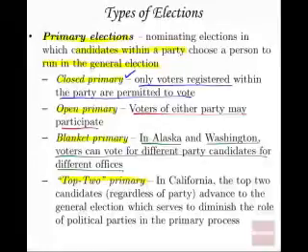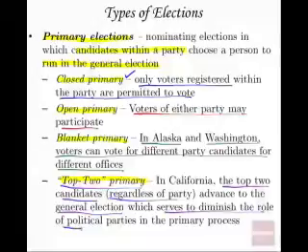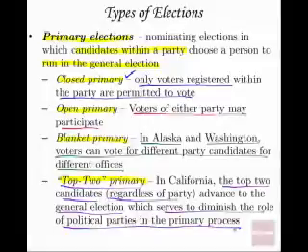Now, in California, there's a top 2 primary system. So California, again, this might be interesting if other states follow, but the top 2 candidates, regardless of party, advance to the general election, which serves to diminish the role of political parties in the primary process. So you could have the case where you have 5 Democrats and no Republicans duke it out in the primary, and whoever has the top 2 votes, they advance to the general election.